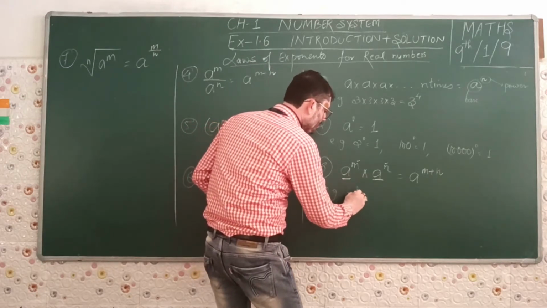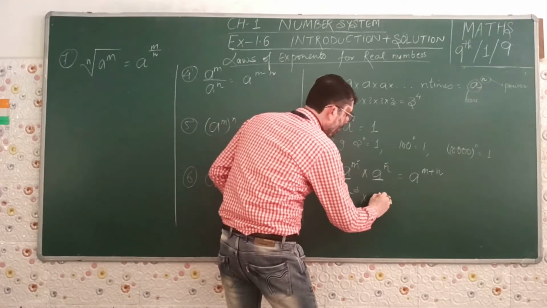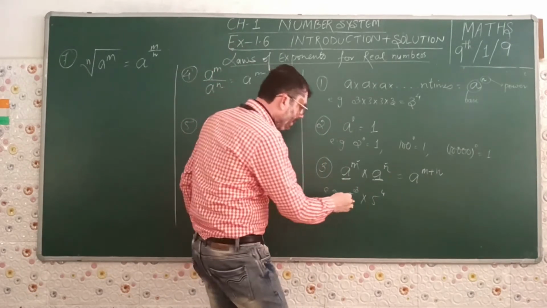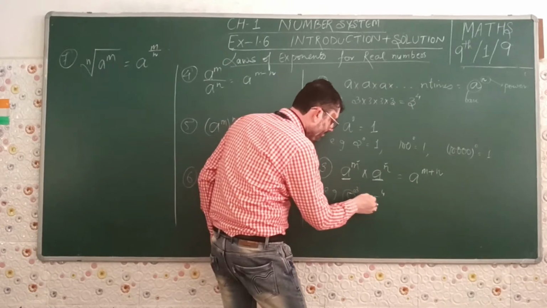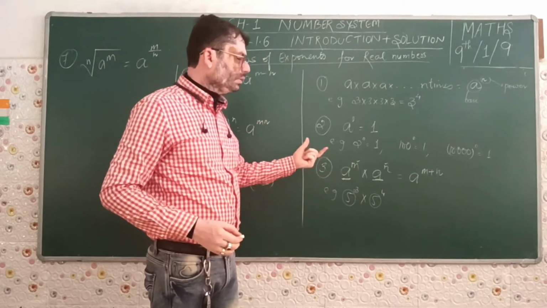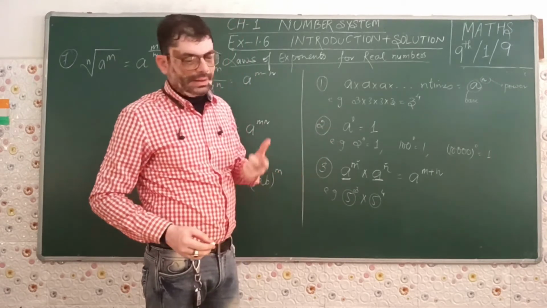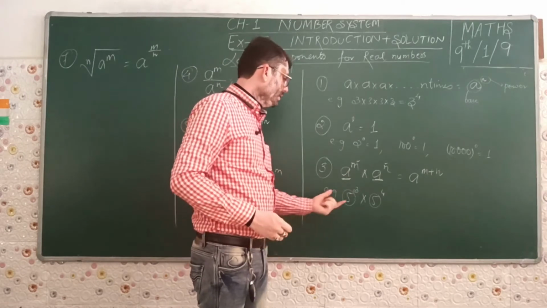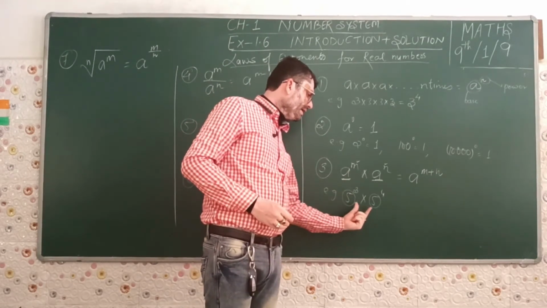5 to the power 3 into 5 to the power say 4. Now here also the base is same, 5 and 5. When the base are same, then only this law is being applied. For different base, this law is not applicable. So now here the base is 5, base is 5.